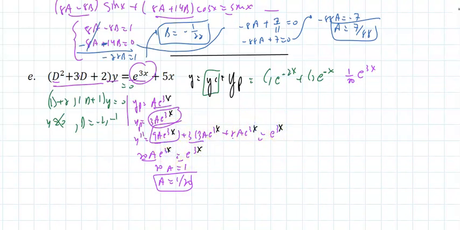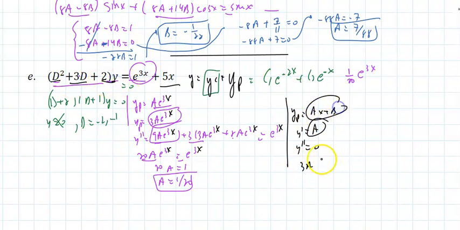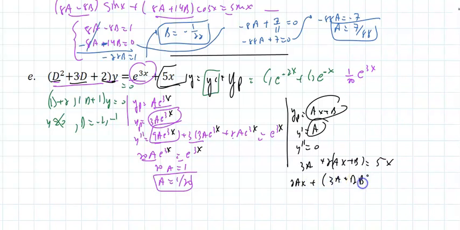There we go. Now, how about this part? Y particular is ax plus b. Y prime is a, y double prime is 0. So, that's 0. 3 times a plus 2 times this must equal 5x, right there. So this says 2ax plus 3a plus 2b must equal 5x.